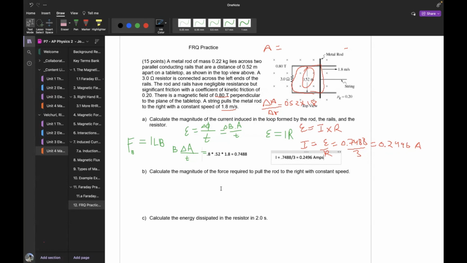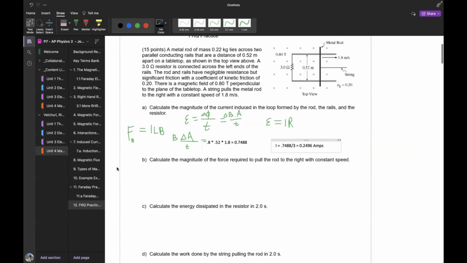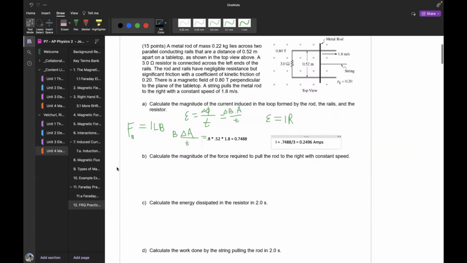Next I'll find out the force using this current. Length was already there, magnitude of magnetic field was there. Next I need the force. So the force will be given by this formula only. So the length would just be 0.52, right?